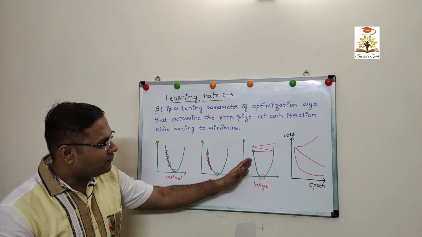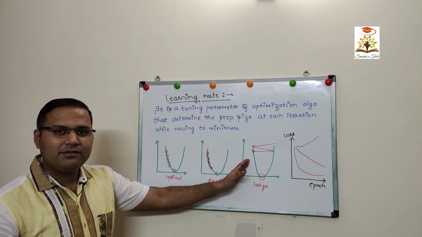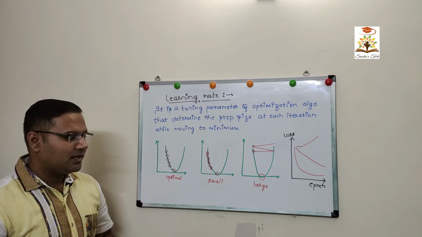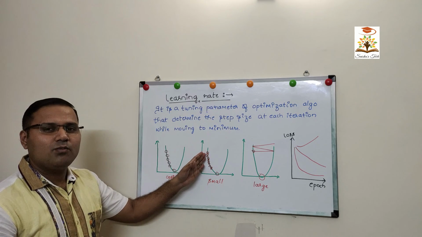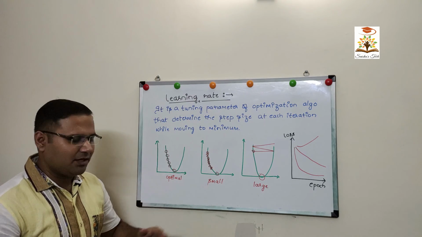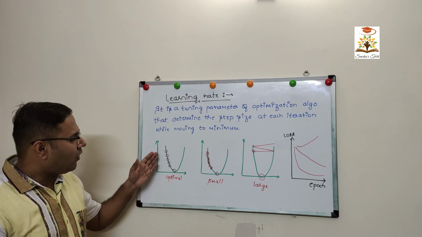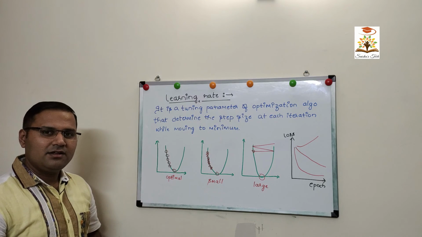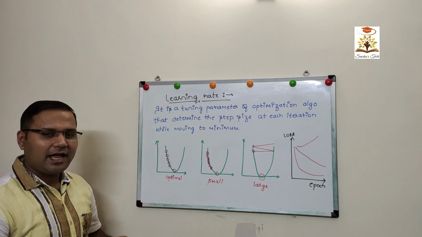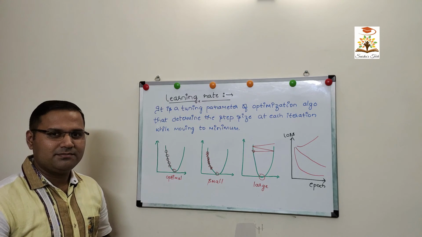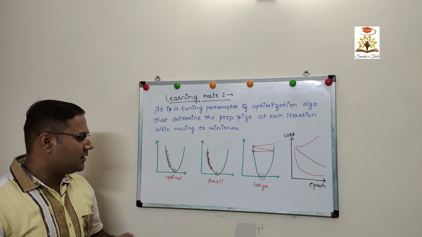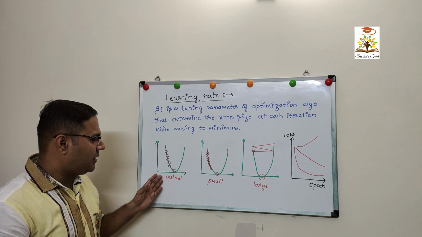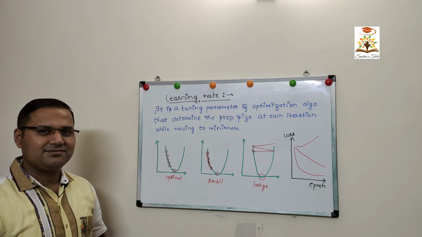In the case of large learning rate, we never reach minima. In case of small learning rate, it takes more number of epochs to reach the minima. In case of optimal learning rate, we reach minima in a much shorter time. For a better gradient descent algorithm, we should choose the optimal learning rate.